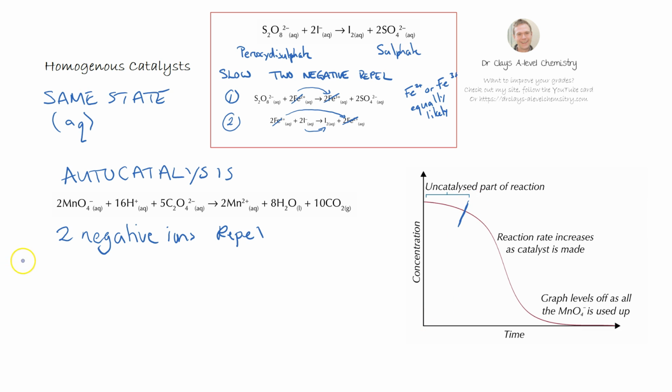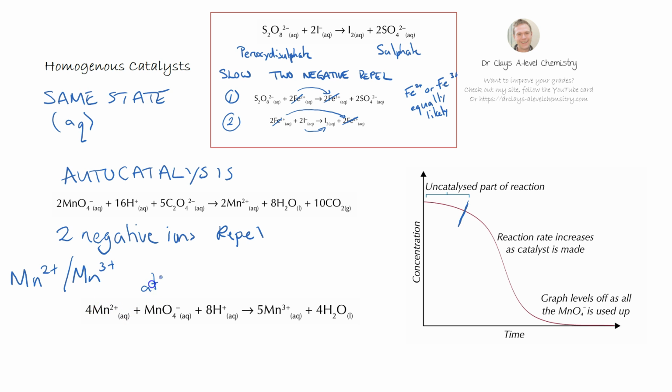There we go, there's our first point where we see that it's slow while we've got two negative ions repelling. But the catalysts for this reaction are actually Mn2+ and Mn3+, and they work by attracting the negative ions. Here we have the reaction, so we form Mn2+ to start with, and they then attract the negative MnO4- ions and form Mn3+ plus 4 waters.